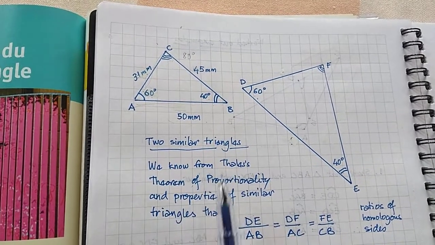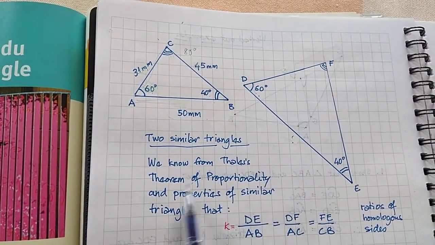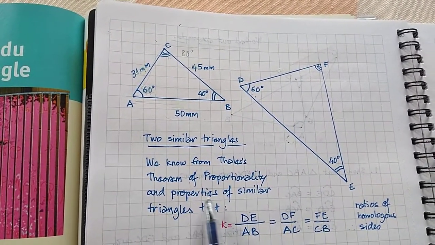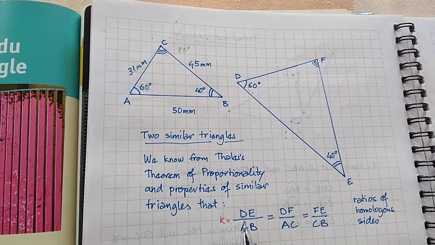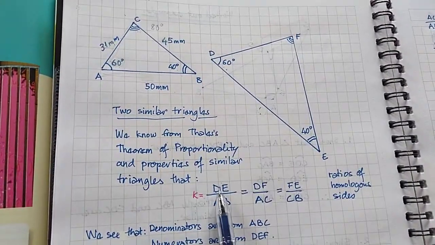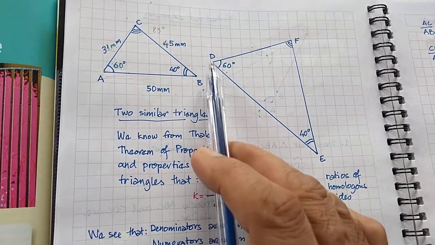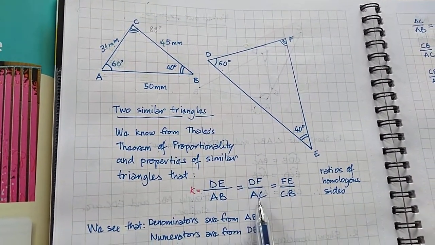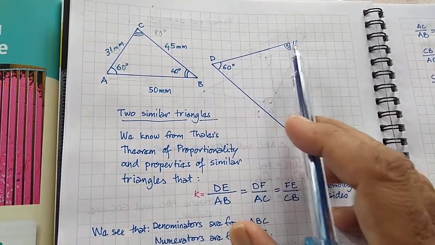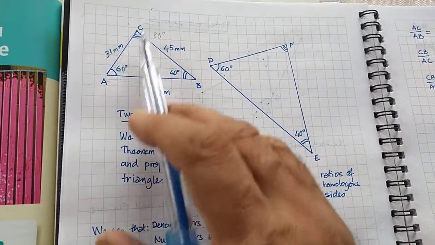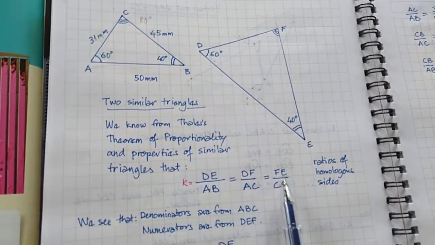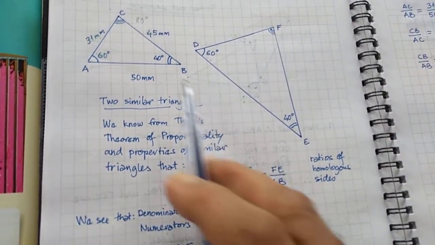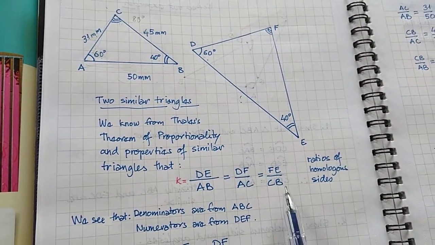So, two similar triangles. We know from Thales's theorem of proportionality and properties of similar triangles that DE over AB is equal to DF over AC is equal to FE over CB.